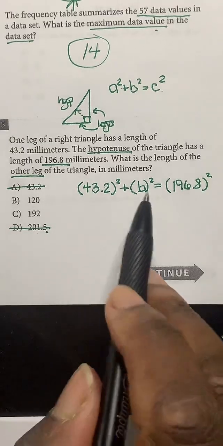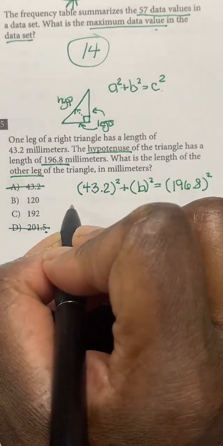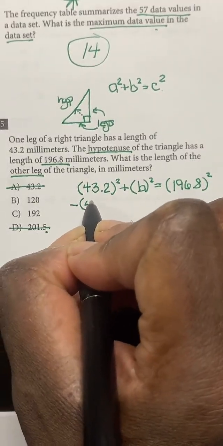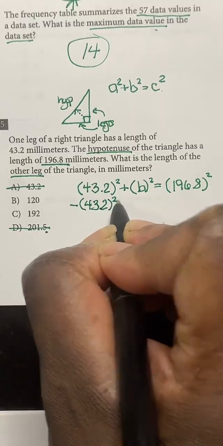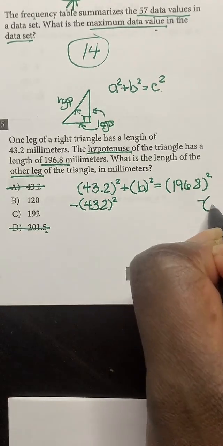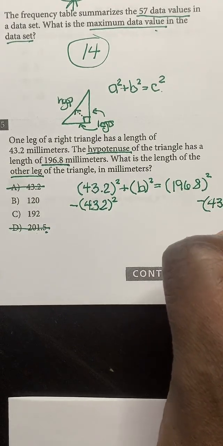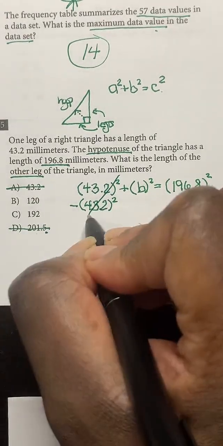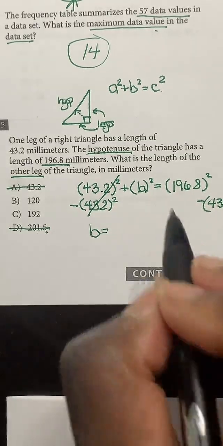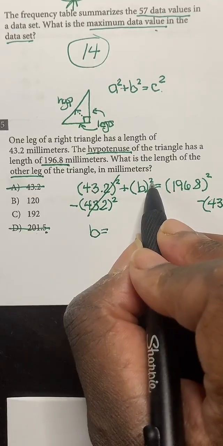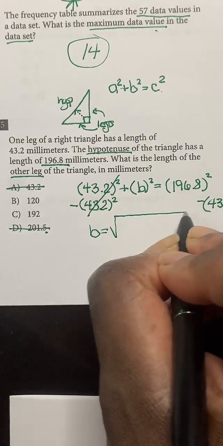But because of that, I want to isolate my b squared. So what I'm going to do is subtract my 43.2 squared on both sides. So in order for me to get b by itself, I have to do the inverse of squaring. So the inverse of a square is a square root.